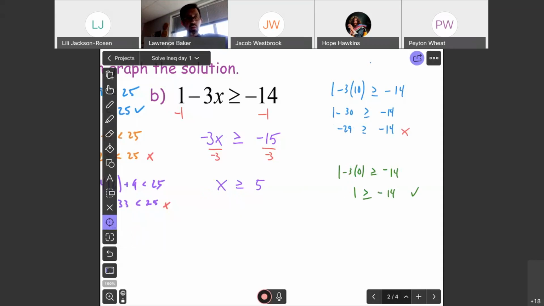So here's the trick with inequalities. Here's the one thing that we got to watch out for. When we divide or multiply both sides by a negative, that inequality symbol has to flip around.